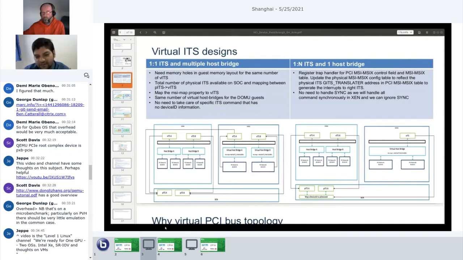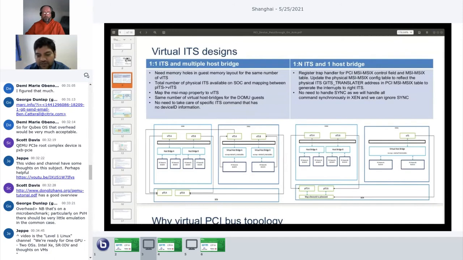In that case, there will be a direct mapping between virtual and physical ITS. But in that case, we need to change lots of code. Like, we need to introduce hypercalls to find which virtual ITS is mapped to which physical ITS and how many physical ITS are available on the system, because this information is required by the tool stack to create a device tree node. And we also need the information from Xen also.